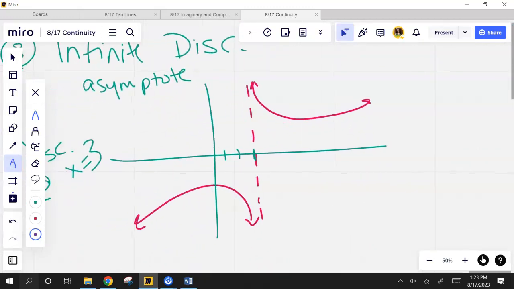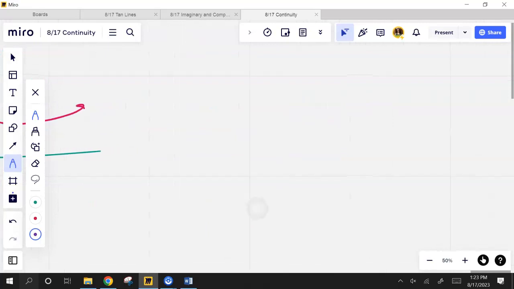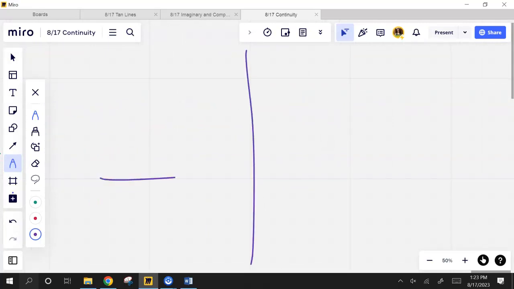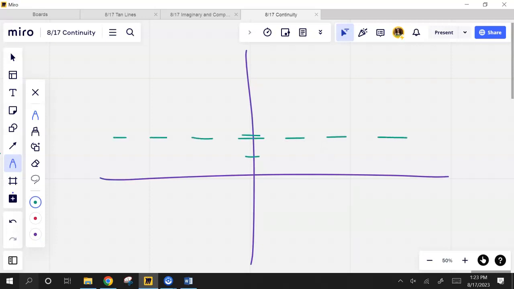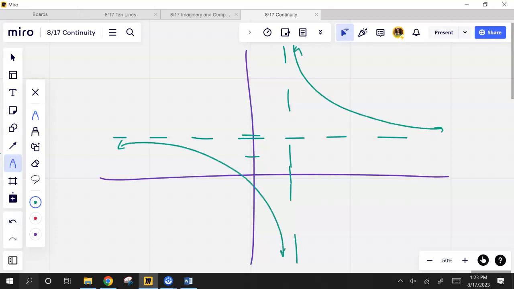So let's look at, let me draw one. Is this a continuous function? Why? What's the type of discontinuity? An infinite. You got questions?